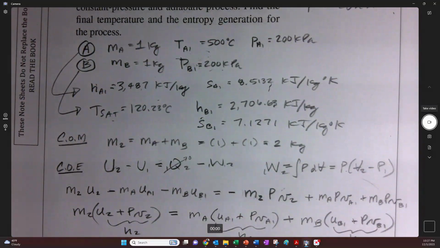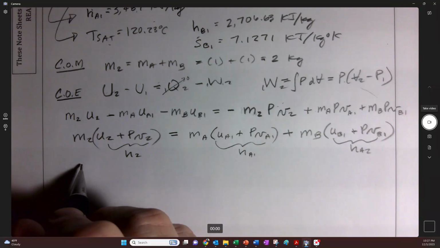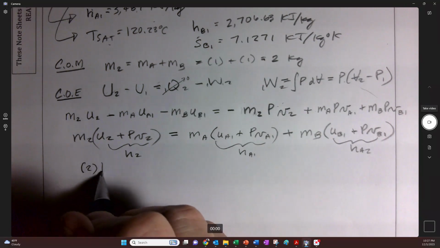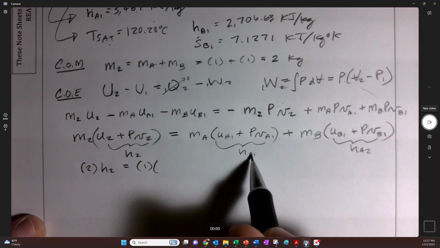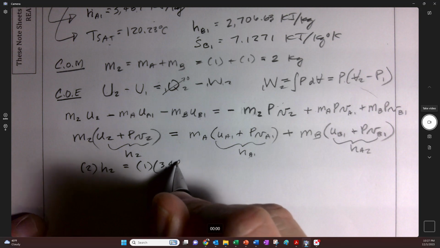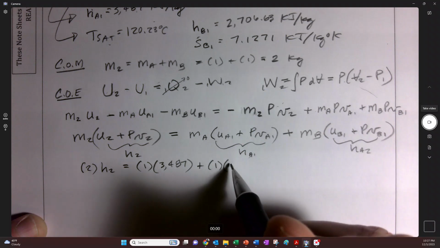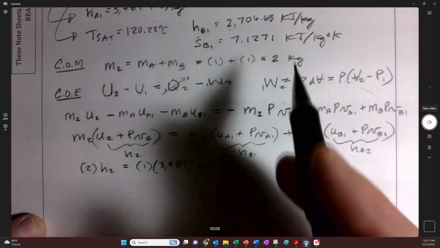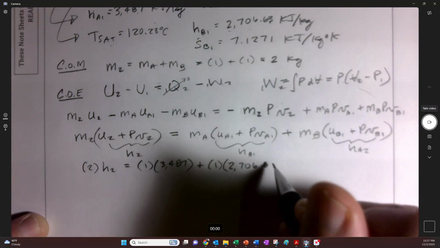So that's why we're using enthalpy, to make your life a little easier. We could test this out too if we wanted to, but that's just a bit of a shortcut. So we have 2 times H2 equal to 1 times HA1, which was 3,487, plus 1 times HB1, which is 2,706.63, or whatever it is.